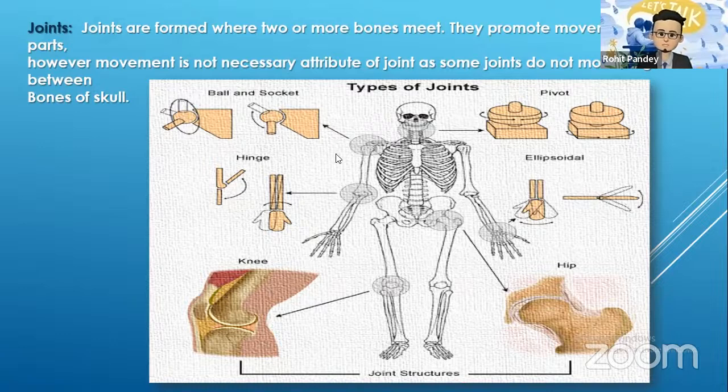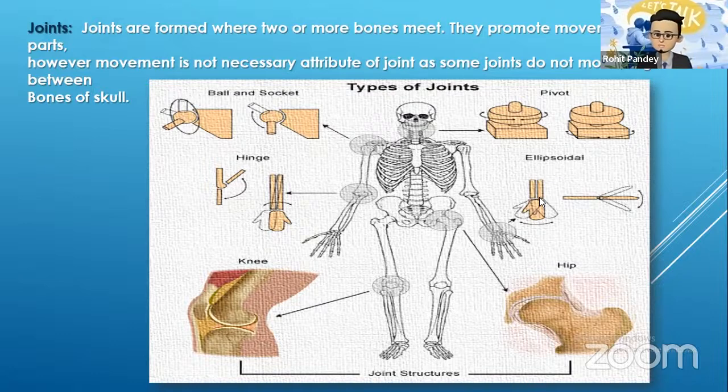Here you can see ball and socket, hinge. Ball and socket happens in the shoulder part. In the neck it is a pivot movement, you move here and there.